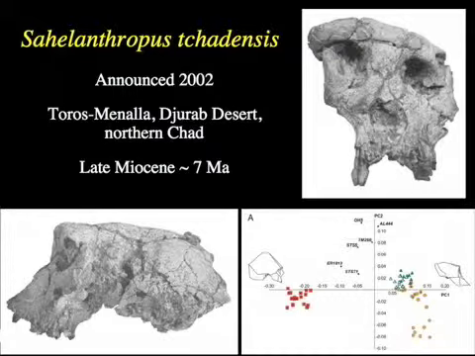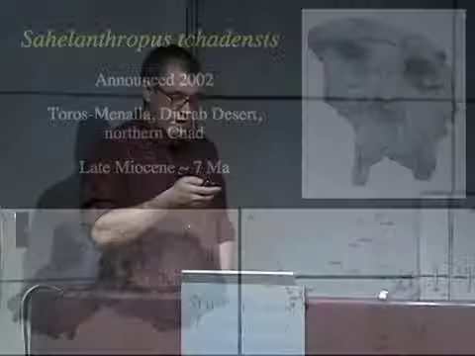The reason I've put this species and the other 2 in the uncertain category is that there's still a lot of discussion about whether the characteristics that have been argued to be indicative of bipedalism are in fact indicative.